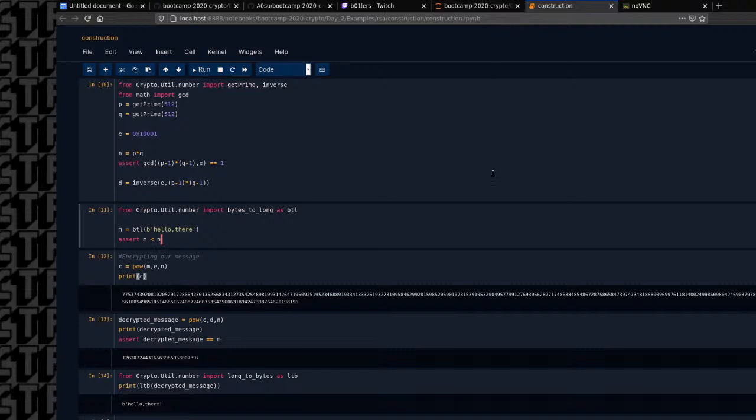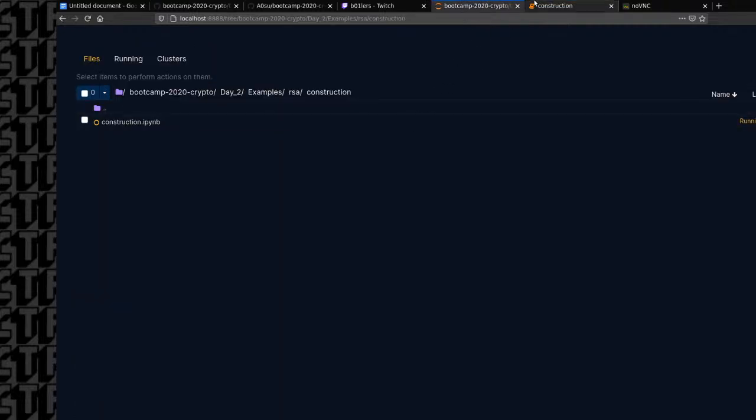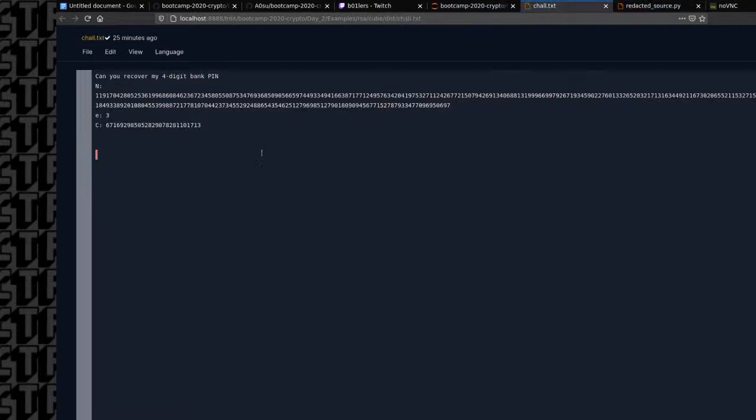So now we'll take a look at 3 different exploits that you can use on an RSA system. The first one we will look at is the one called Q. The prompt for this reads, can you recover my 4-digit bank PIN?